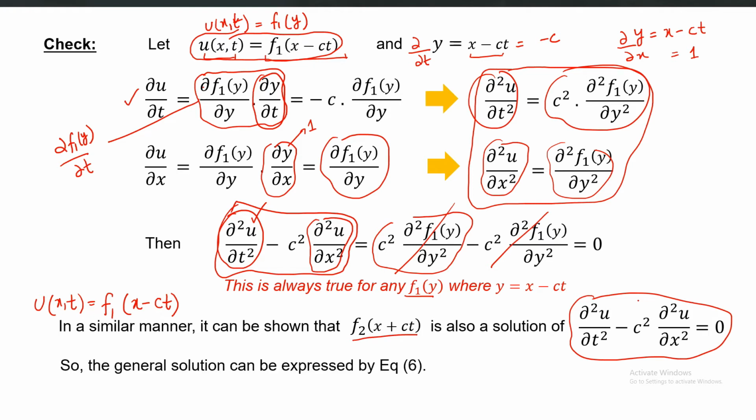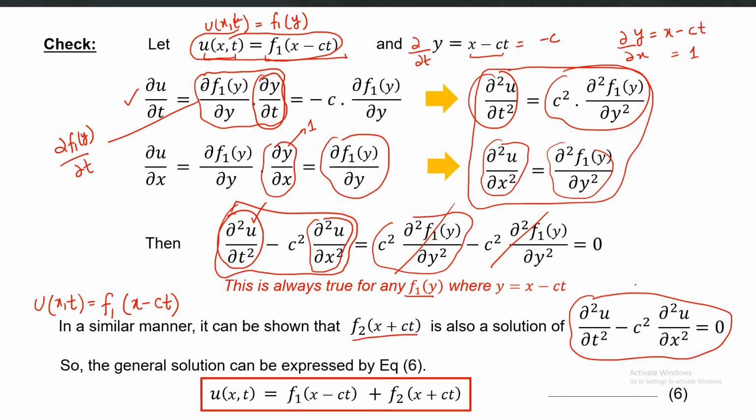Therefore the general solution of this governing equation of motion will be the sum of these two functions. These two functions are individually solutions of the equation, so their sum will be the general solution. So equation 6 is the general solution form of the same governing equation of motion, which we started to solve using an approach other than the modal analysis.